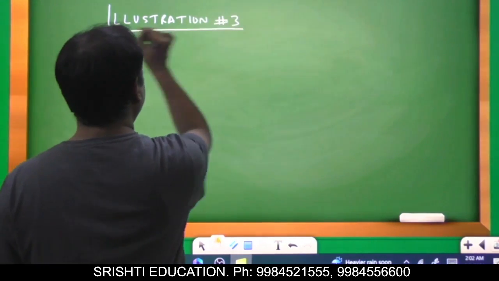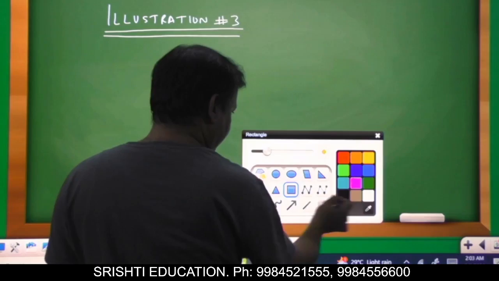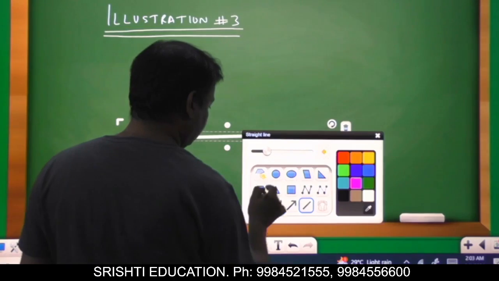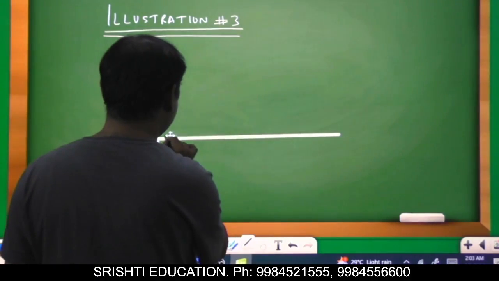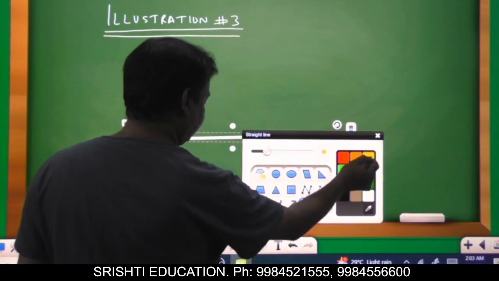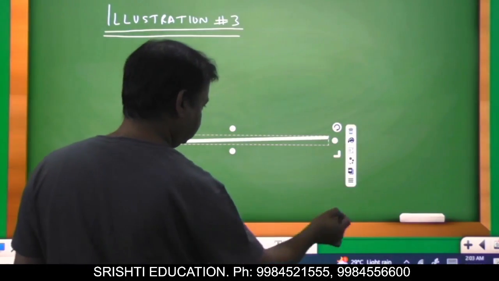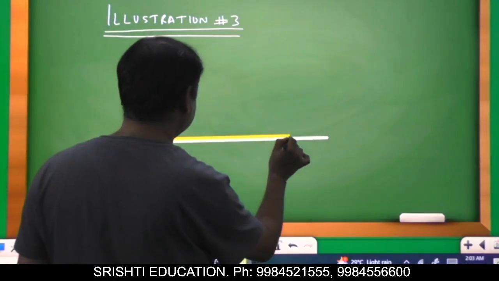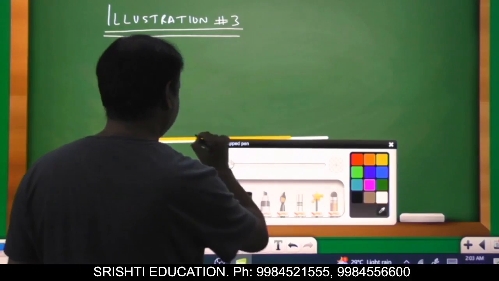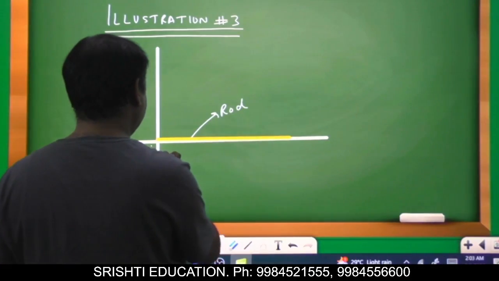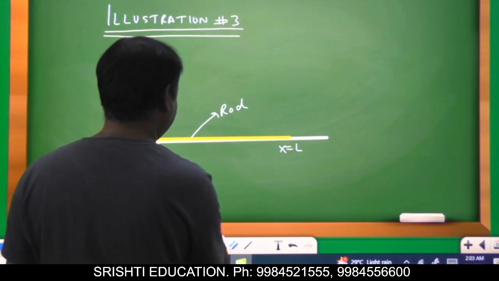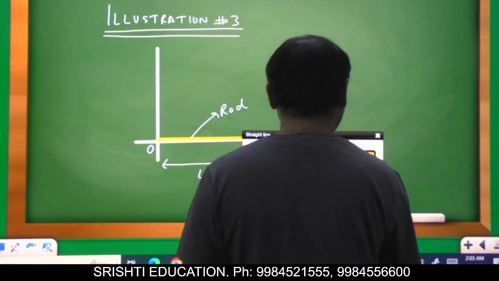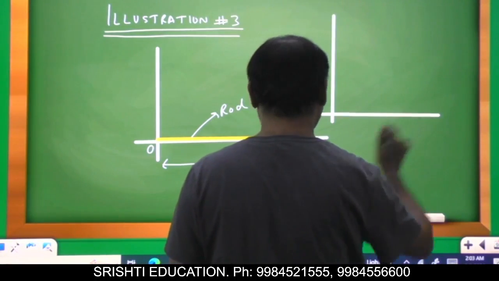Now see illustration 3. Suppose again we have some rod on the x-axis. So this is a rod, and this is O, and this is x is equal to L. The length of the rod is L. You are not given the mathematical equation, but instead you are given how lambda is changing on the rod.